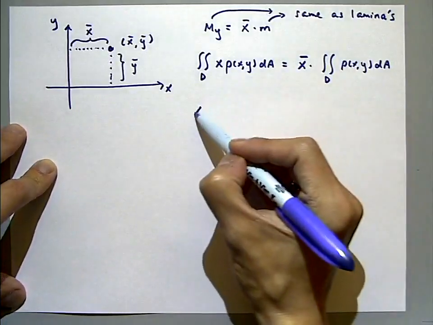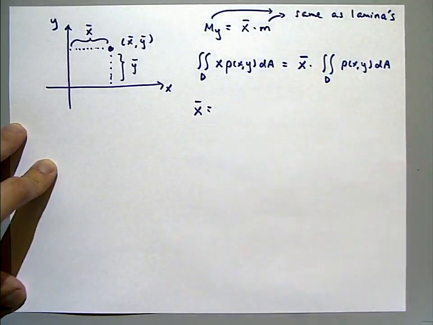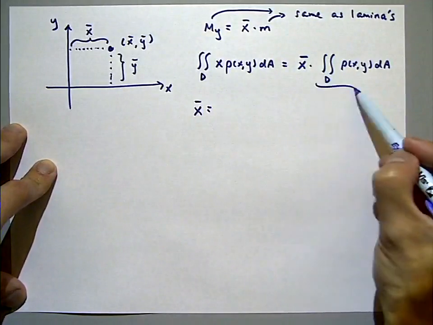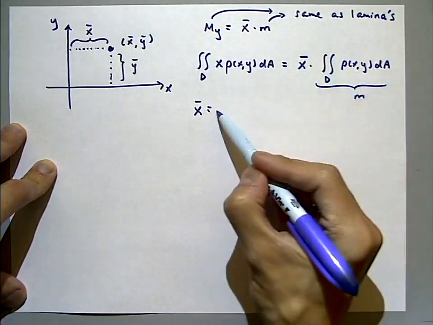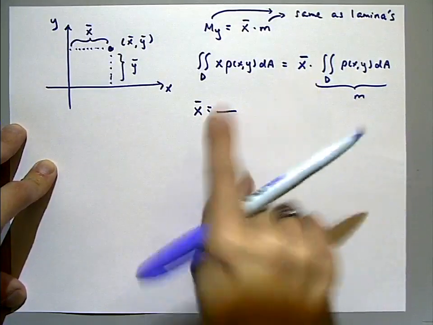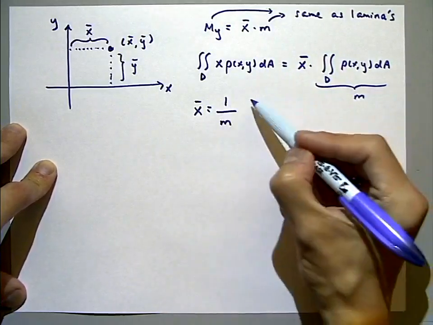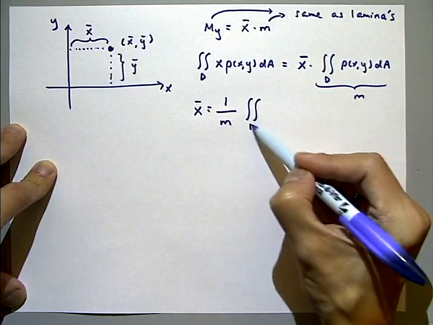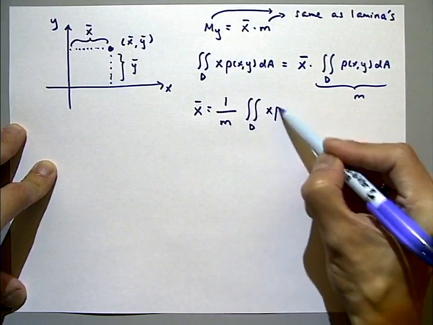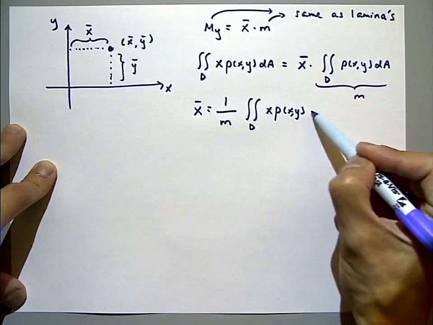This will tell you the x component of the center of mass. So x bar would be 1 over m, that's this guy right here, times the double integral of x rho xy dA.